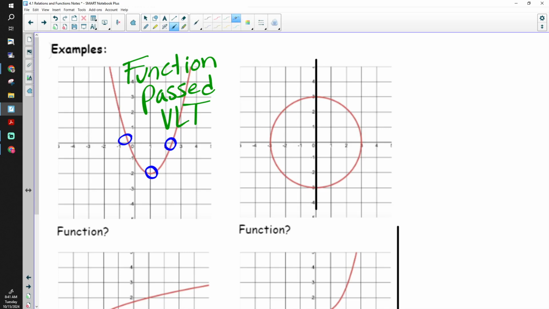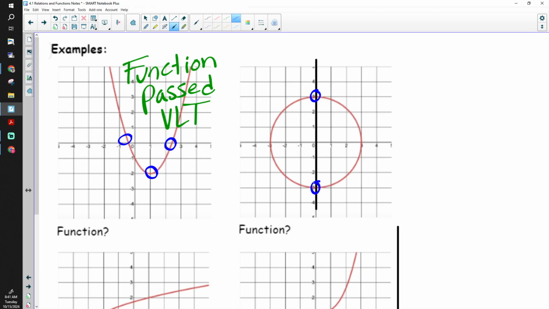At 0, we would hit 3 and -3. It has 2 outputs. And can a function have 2 outputs? So automatically this fails the VLT, the vertical line test, so it is not a function.